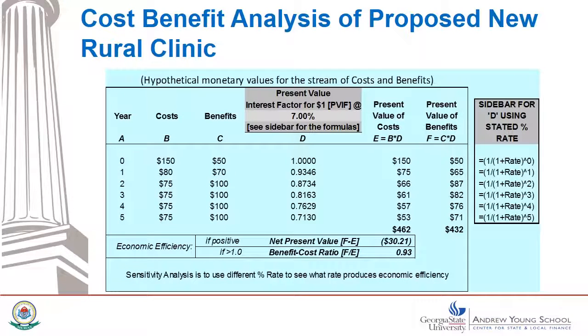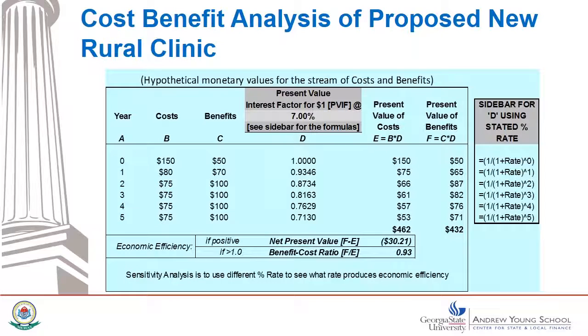Column F is the product of multiplying benefits times the present value interest factor. That means multiplying column C times column D. Again, the results show that the 50 of benefits in year 0 need not be discounted. The 432 sum of column F represents the sum of the present value of all benefits.